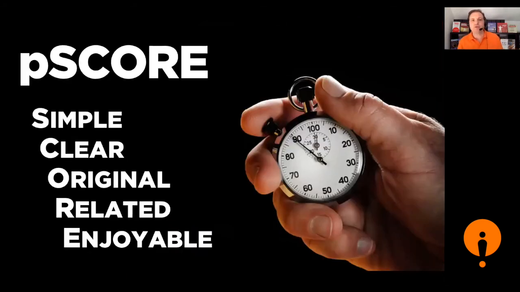So if we put all of that together, simple, clear, original, related, and enjoyable, then we're going to get the score. And we have a little P up here. If those of you who are looking at this P, this does not stand for fill, this stands for presentation, because this is part of the presentation score method, which we can borrow and apply to our online meetings.